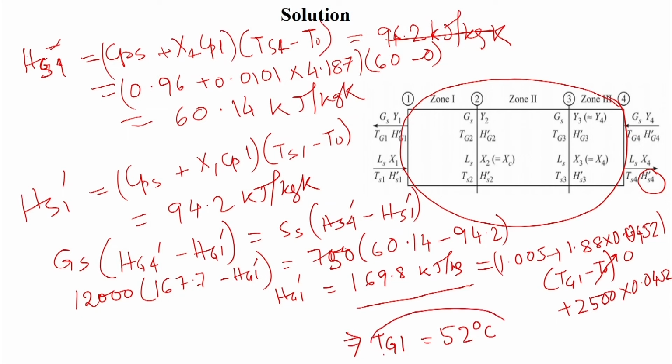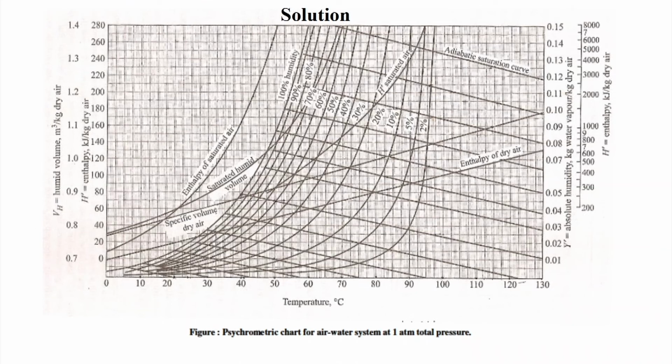Now the gas temperature Tg1 is known. So, what will be Ts1? The humidity y1 prime is already obtained as 0.0452. So, we go to the psychrometric chart.